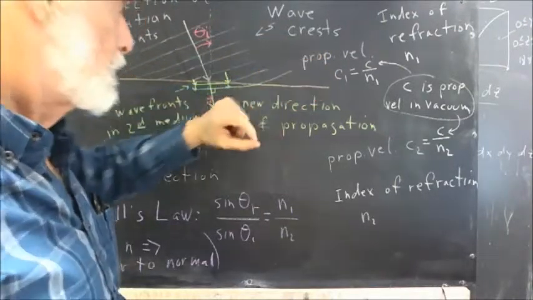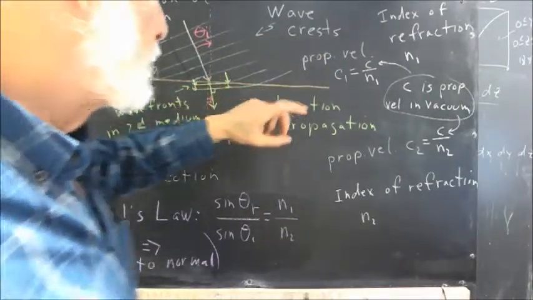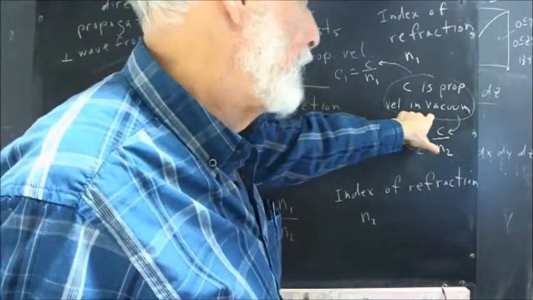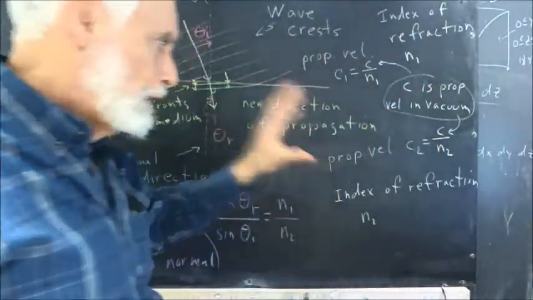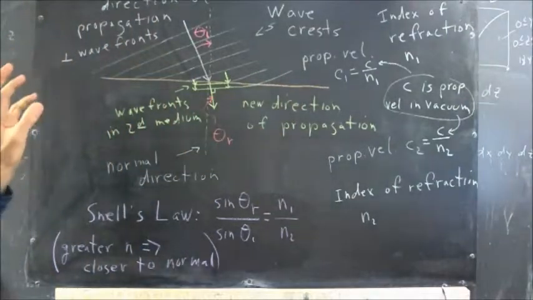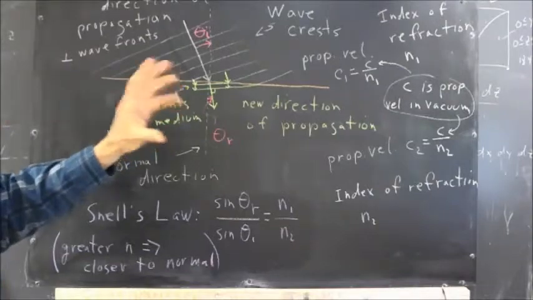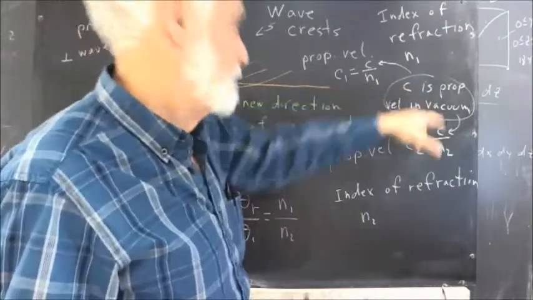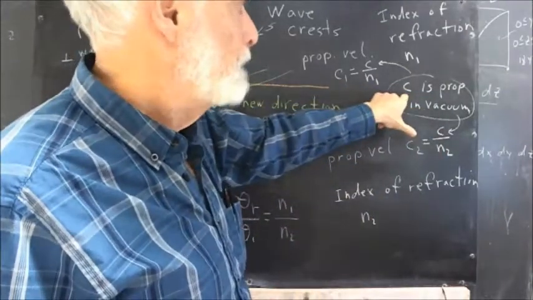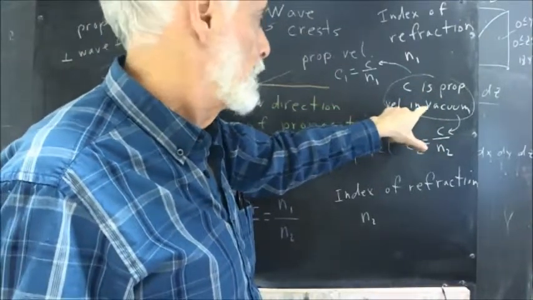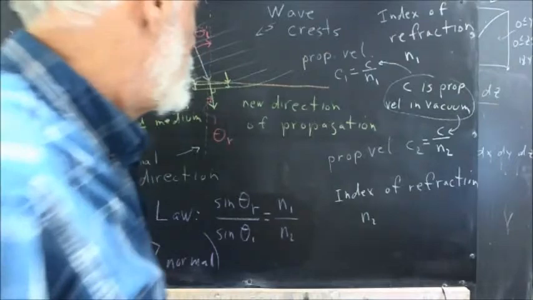Now, let's go a little deeper into propagation velocity. We're going to let C be the propagation velocity in a vacuum, and we're going to think right now in terms of an electromagnetic wave, a light beam, say. So C stands for the propagation velocity of an electromagnetic wave in a vacuum.